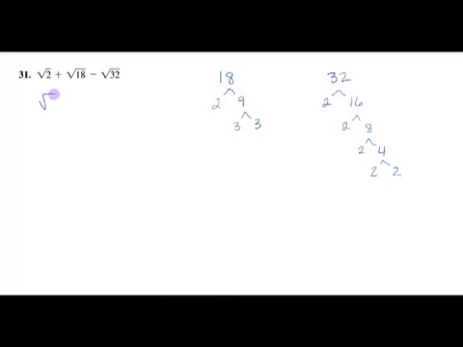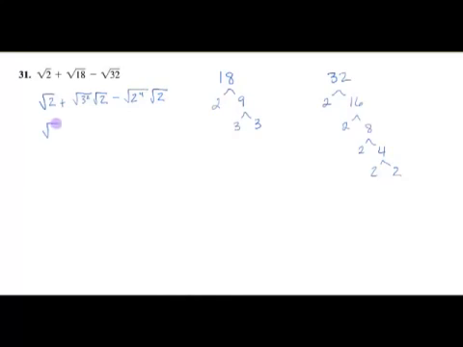So this problem is the square root of 2 plus the square root of 3 squared times the square root of 2 minus the square root of 2 to the 4th times the square root of 2.